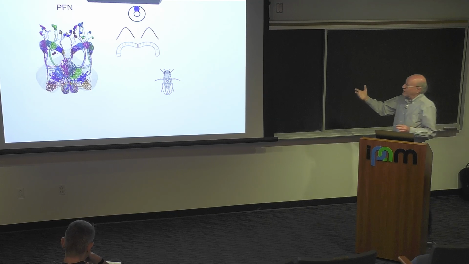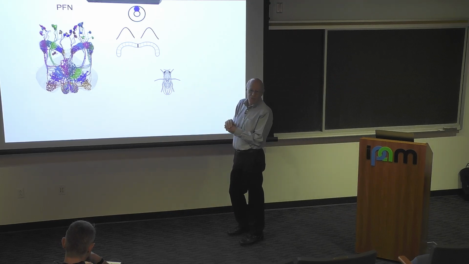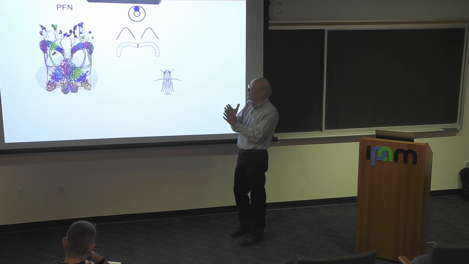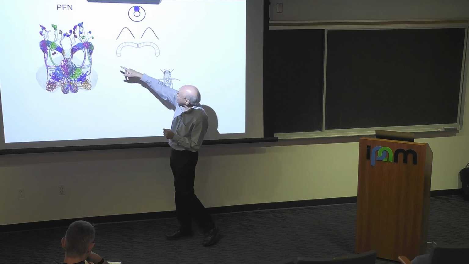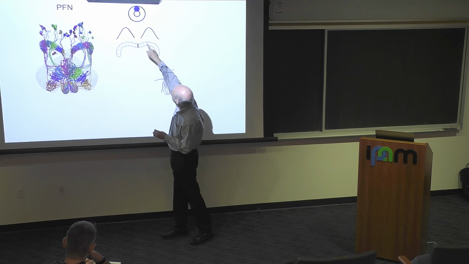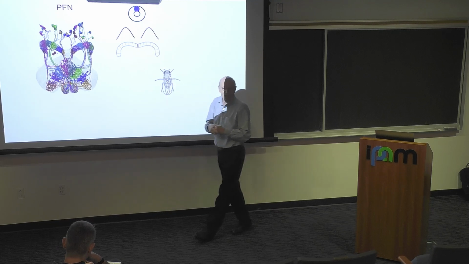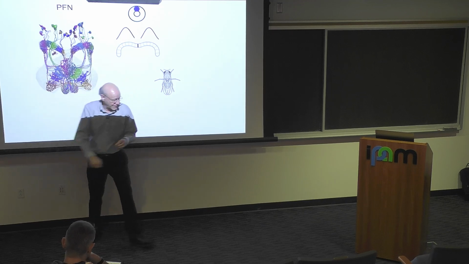So the idea, I already said this, is you have a bump in the ellipsoid body. That's the heading signal. That is conveyed to these PFNs and results in a sinusoidal shape. It's a little truncated there, but sinusoidal shape within the activity across these regions.